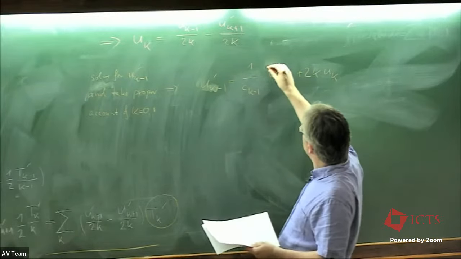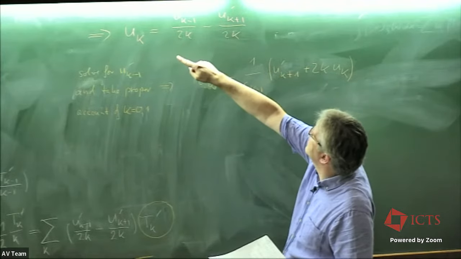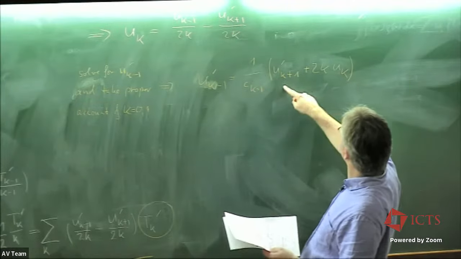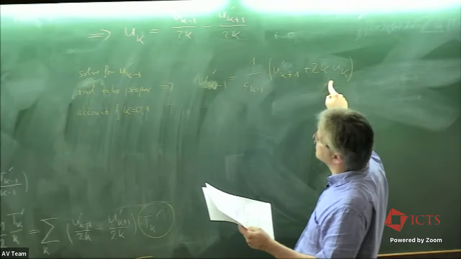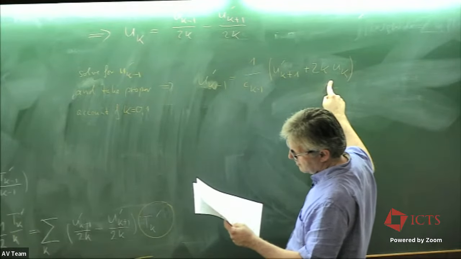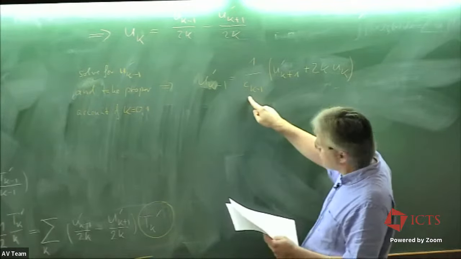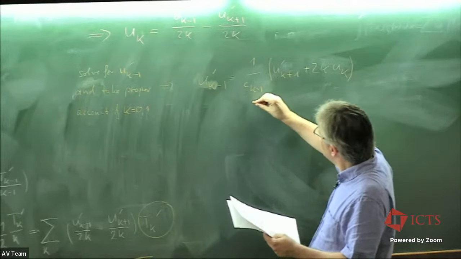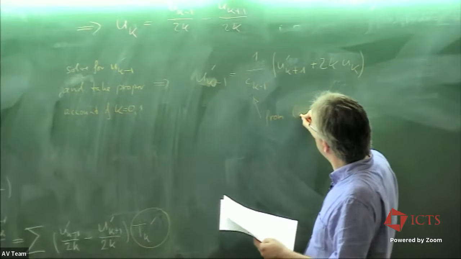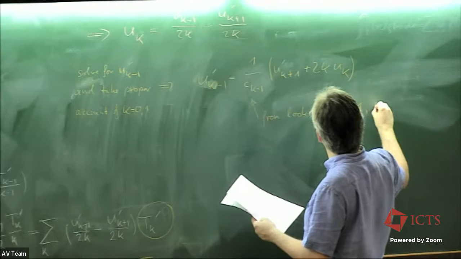So most of this expression is obvious. This is this one here multiplied by 2k and moving the u_(k+1) to the left-hand side. And the 1 over c_k here comes precisely from looking at k equals 1 and 2.